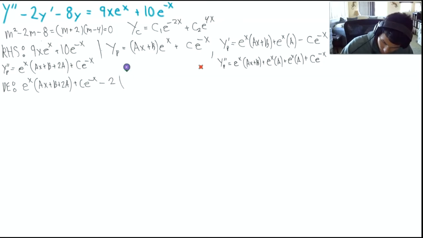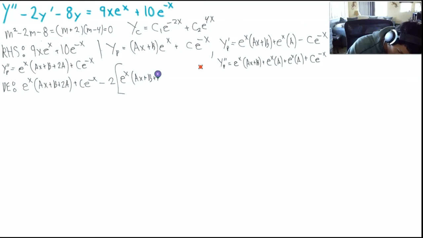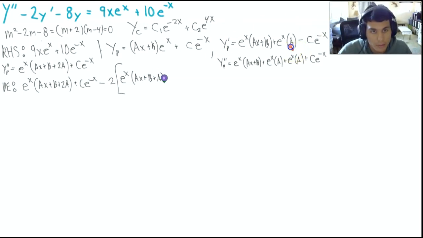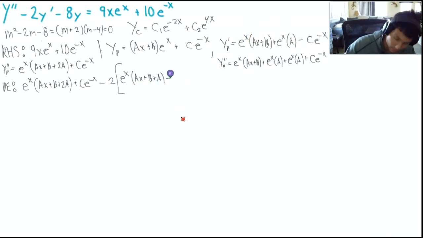Let me write this better. I'll use a bracket, not a parenthesis: e to the x, ax plus b plus a. So right there, I'm going to put this into here because they both share e to the x. And this is going to be minus c e to the negative x.